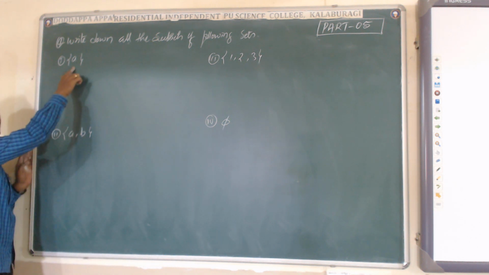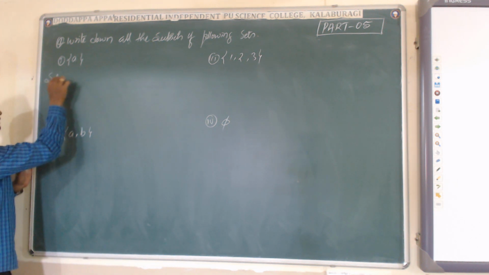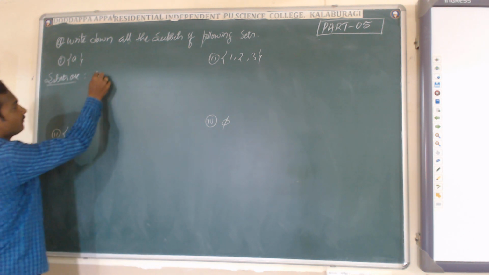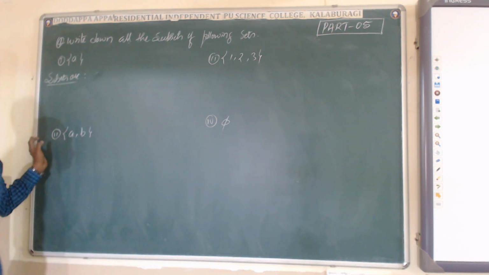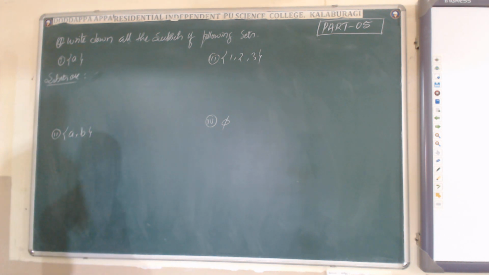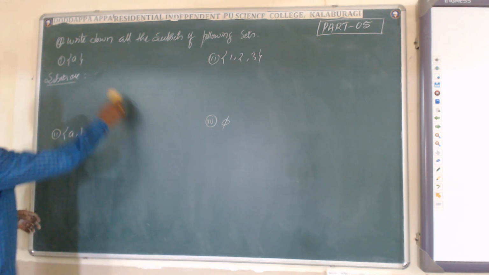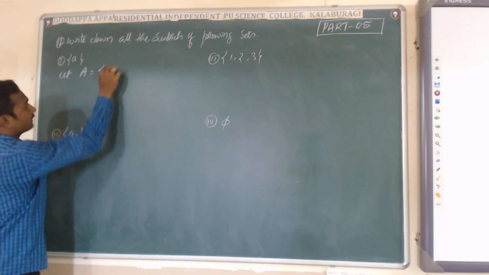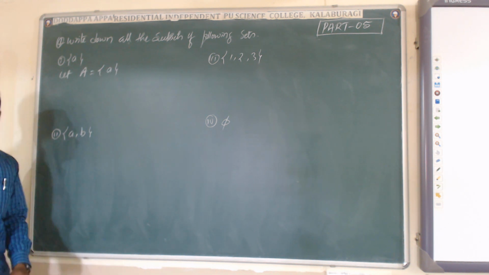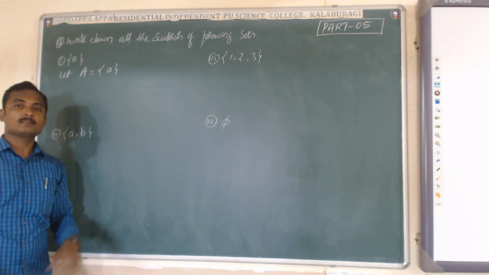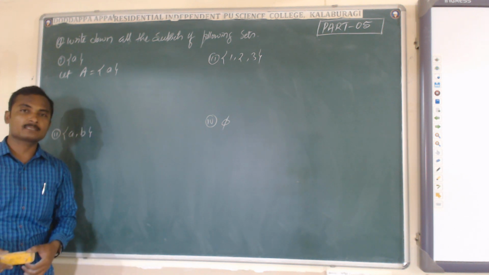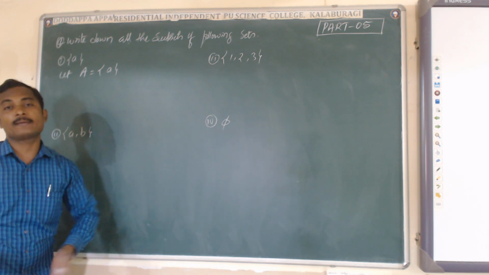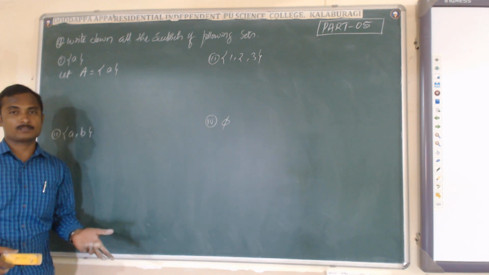So for the given set A, the subsets are, okay, the first subset. To write the subsets of A, it is compulsory that you write let A equals the set. If you are not taking the given set as A equals some set, B equals some set, or C equals some set, then you won't get the marks, because the sets are always represented using capital letters.